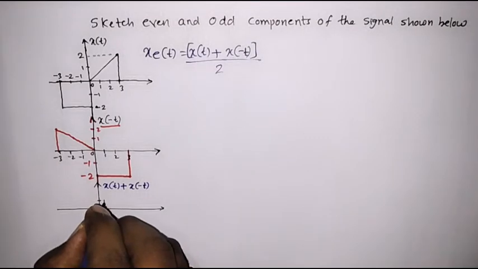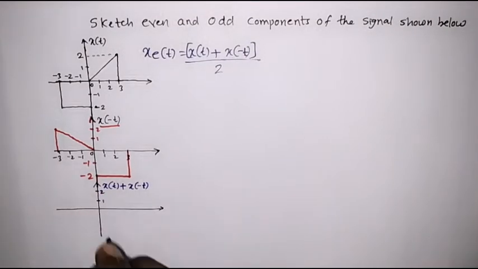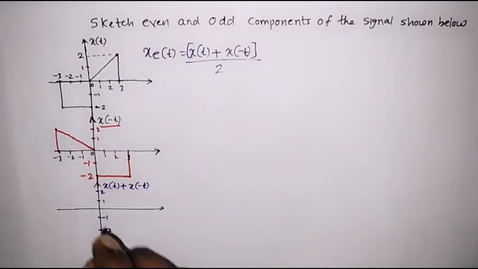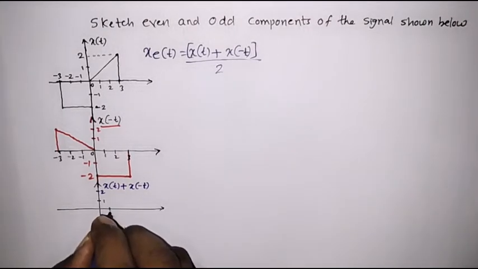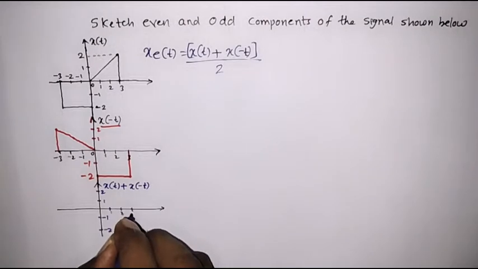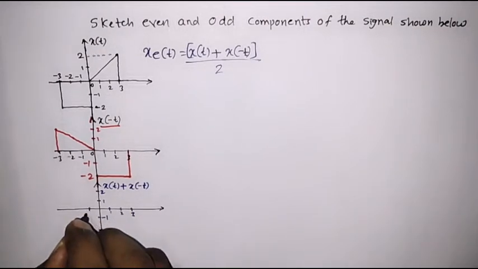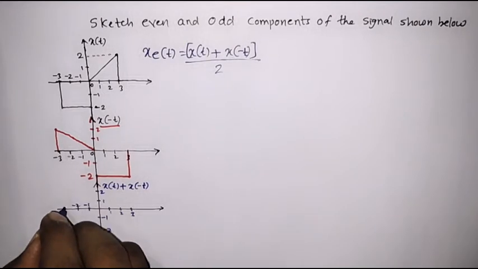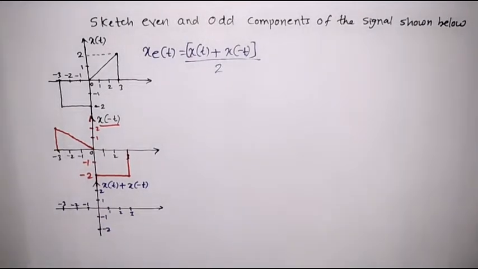Let this be amplitude 1, this be amplitude 2. Here let this be minus 1, this is minus 2. Here we have 1, 2, 3. This side we will mention minus 1, minus 2, minus 3.